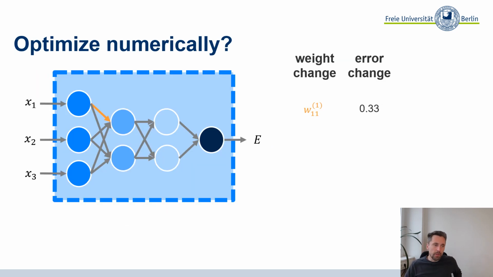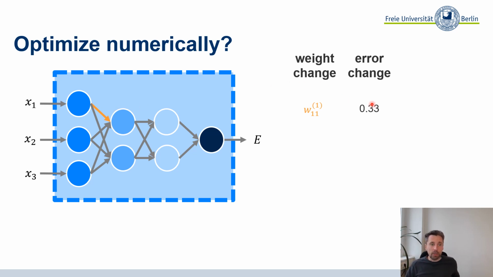Now, how do we do this? Well, what we could do is look at our network, and let's just consider this very small thing here. Look at every weight and change it by a small amount, 0.01 or something.